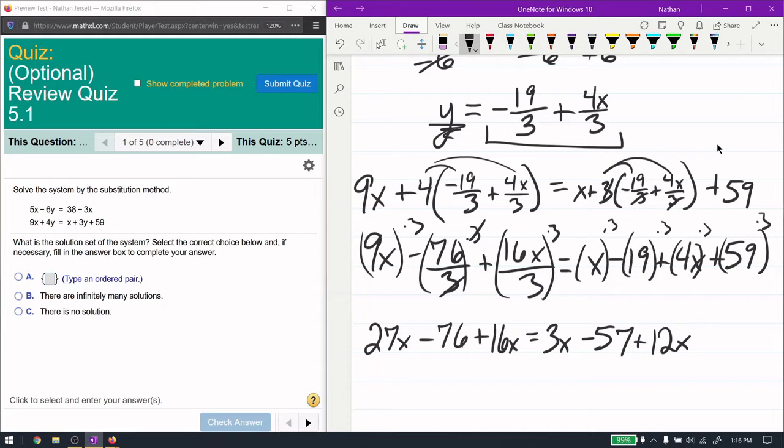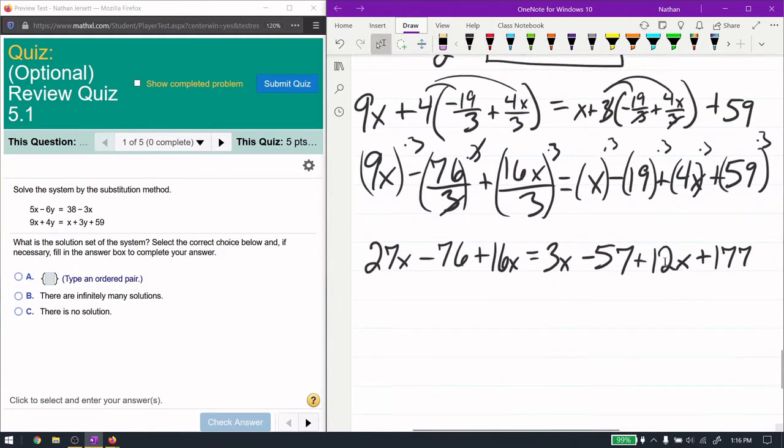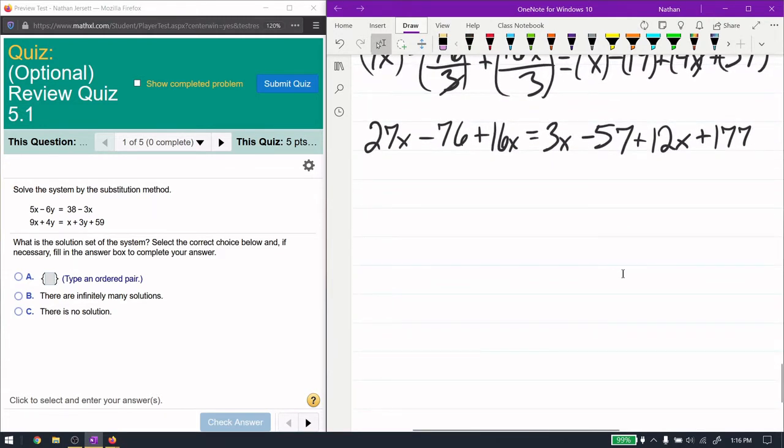And 59 times 3, 60 times 3 is 180, so 177. All right, this is just a linear equation. Let's get the x's to one side. I'm going to move the 76 to the other side. I'm going to subtract the 3x. And then subtract the 12x.